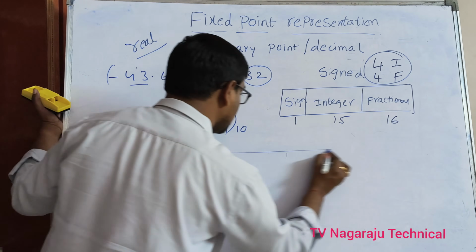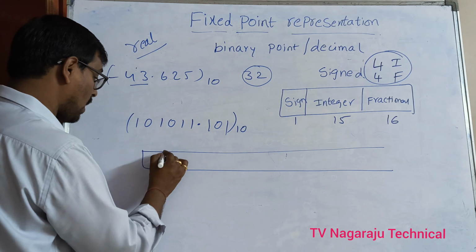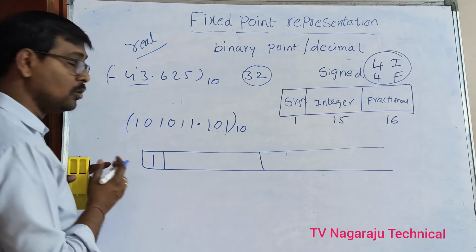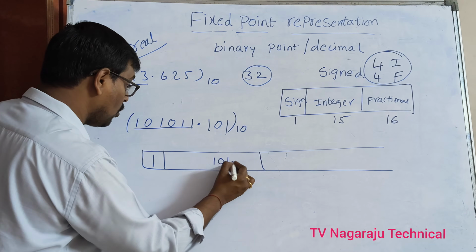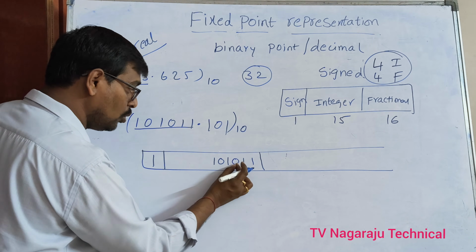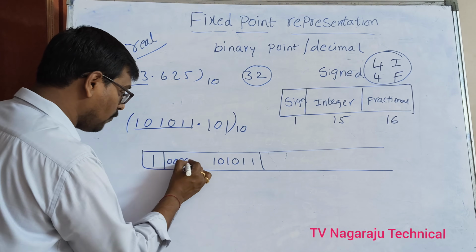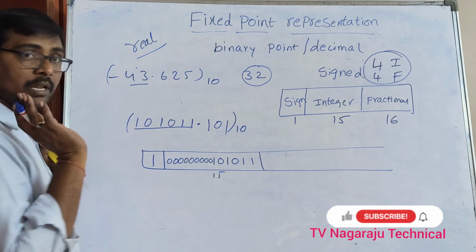If it is negative, we use minus. How do you represent it? We represent it in this format. 1 represents the sign bit. 15 bits are used to represent the integer part, 1, 0, 1, 0, 1, 1, and so on, a total of 15 bits.